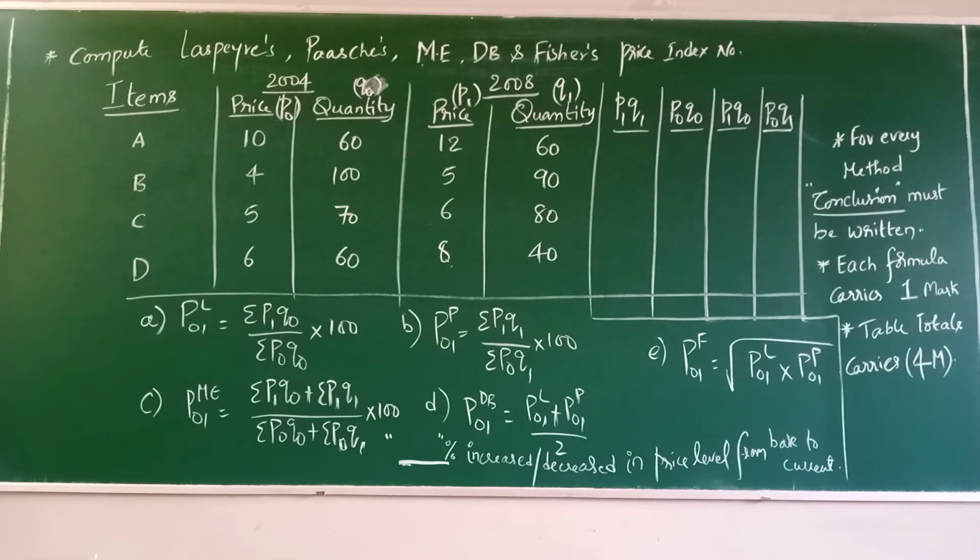I think PJ sir might have taught you how to prove the TRT and FRT. As you all know that time reversal test is satisfied by Marshall, Edgeworth and Fisher's. Factor reversal test is satisfied by one and only method, that is Fisher's.